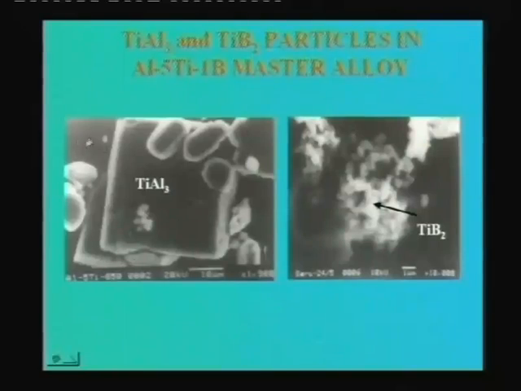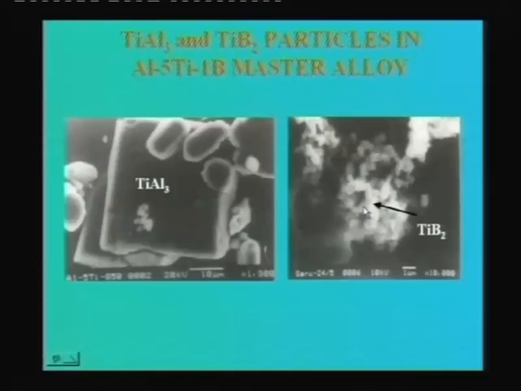What does this master alloy contain? This master alloy basically contains aluminum matrix. You can see this is the aluminum matrix, and the particles such as TiAl3, you can see different sizes of TiAl3 particles here, and TiB2 particles are much finer, of the order of less than 1 micron, 0.5 micron or so. So you have a matrix of aluminum and fine TiAl3 and TiB2 particles.